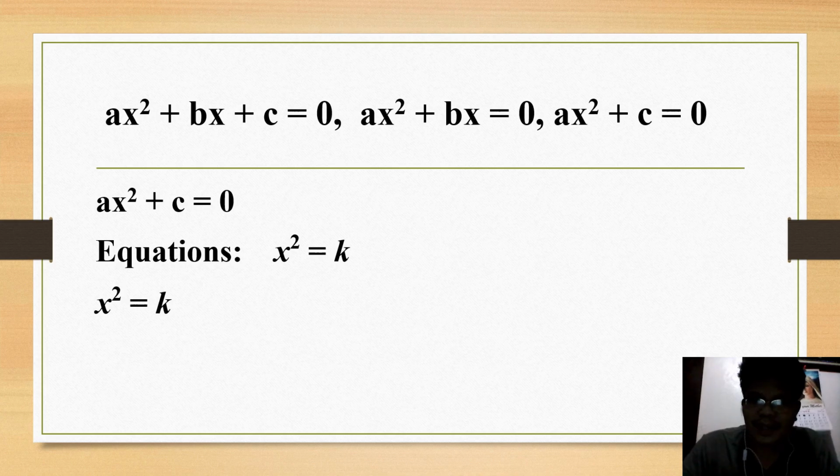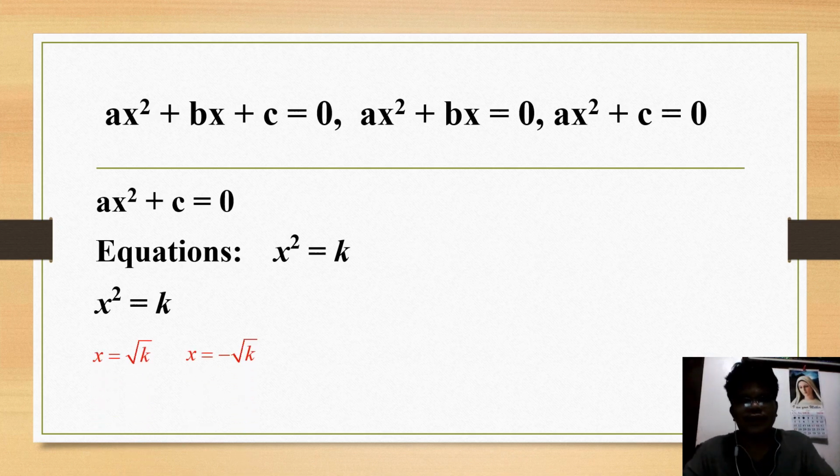So the next step is, get the square root of both sides, meaning you need to determine what is the square root of x squared and what is the square root of k. And the answer is, the square root of x squared of course is x, the square root of k of course is positive negative square root of k. So what is the solution of the equation x squared equals k?